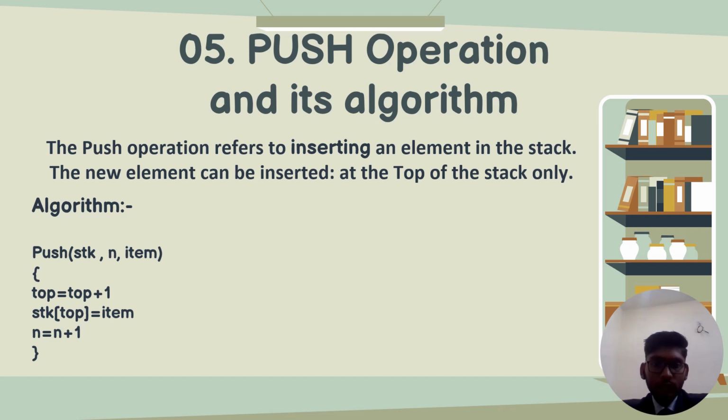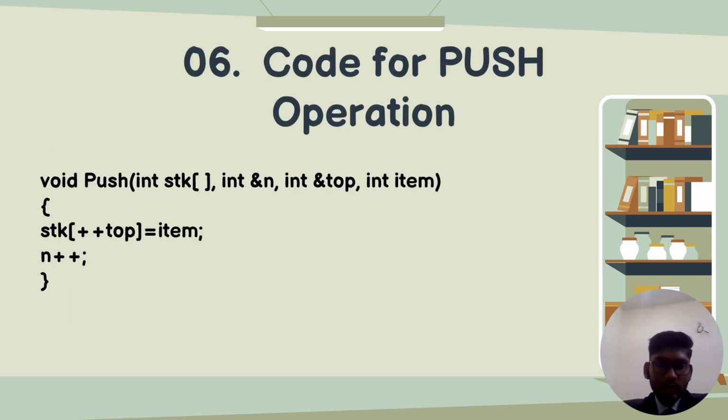Then the new item which we want to insert takes the position of the top, which is the new top in the stack, and obviously the stack size increases. So n is equal to n plus 1, meaning the size of the stack is increasing.